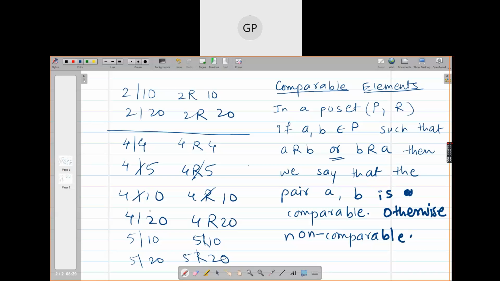Finished writing the definition? Girls, please be quick.